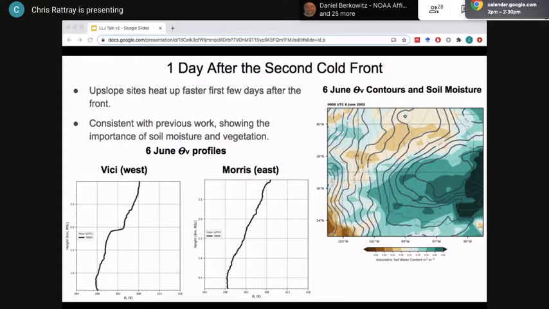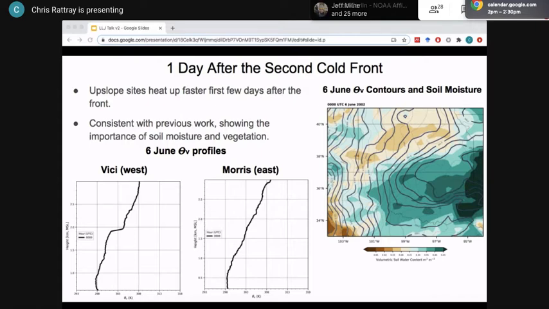So just taking a look at the first day after the front, first of all, previous work has found that soil moisture and vegetation differences along the slope contribute to the thermal gradients that drive the low-level southerly winds. And in this figure on the right, it shows surface theta V contours and soil moisture from the ERA5.